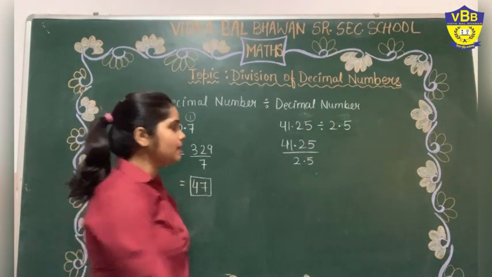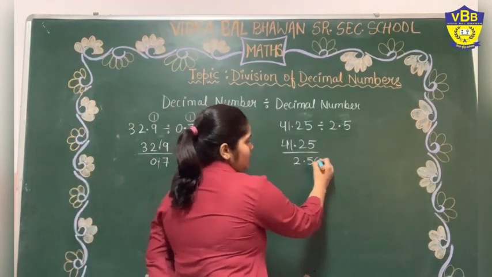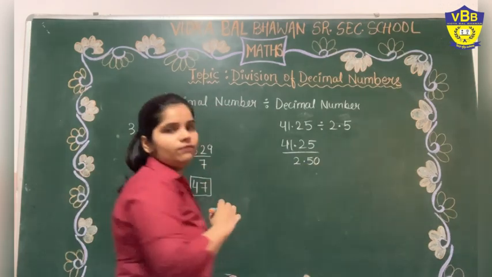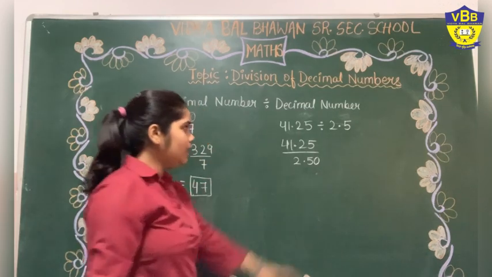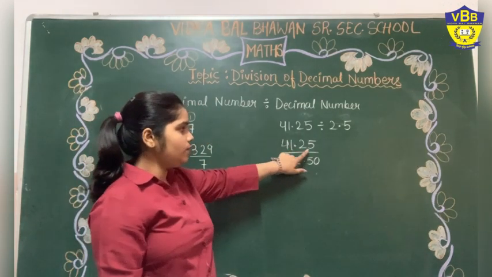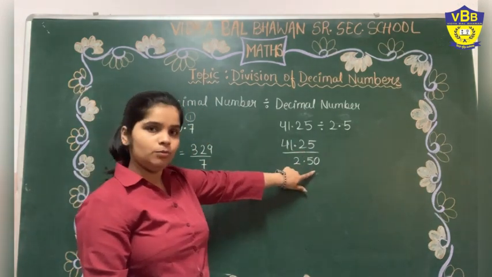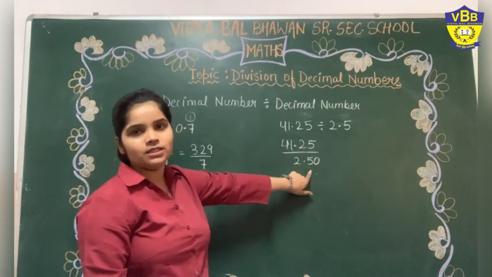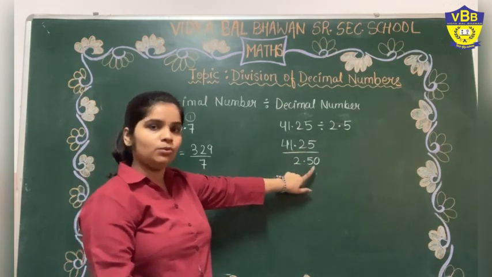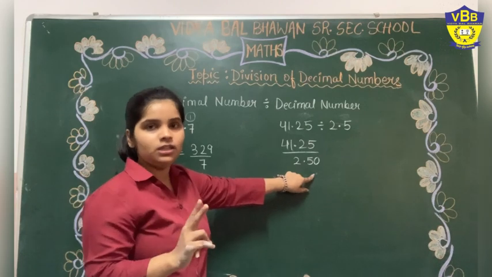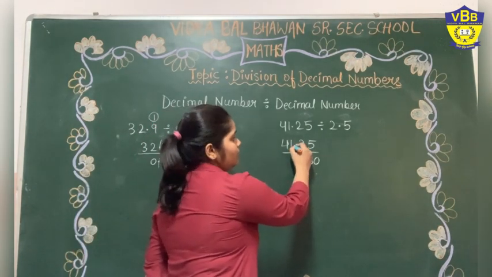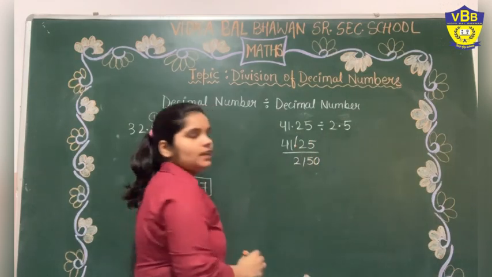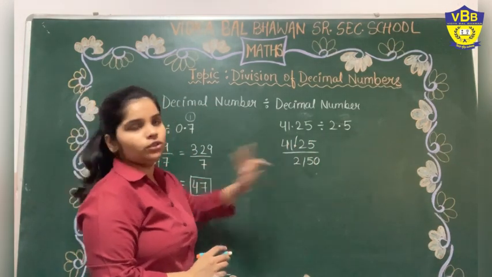How can we make it? We can add 0 at the end of 2.5. It will become 2.50. Now 41.25 and 2.50 both have two digits after the decimal. So now you can cancel out the decimal from both of the numbers.